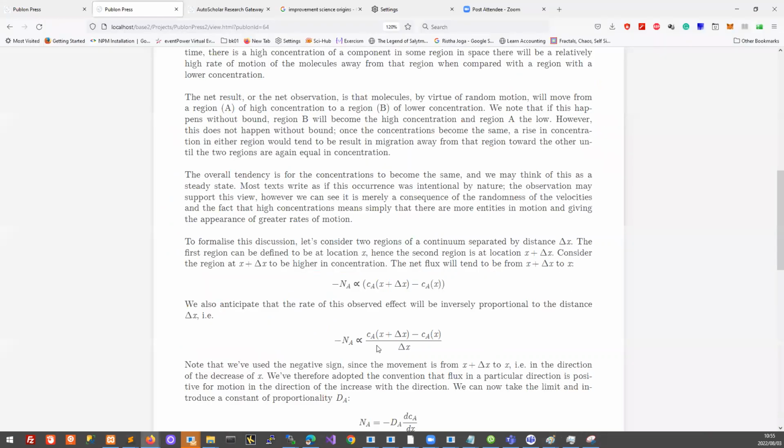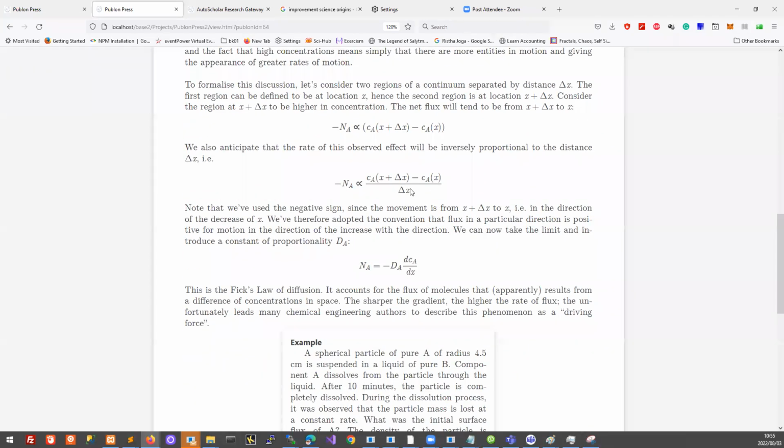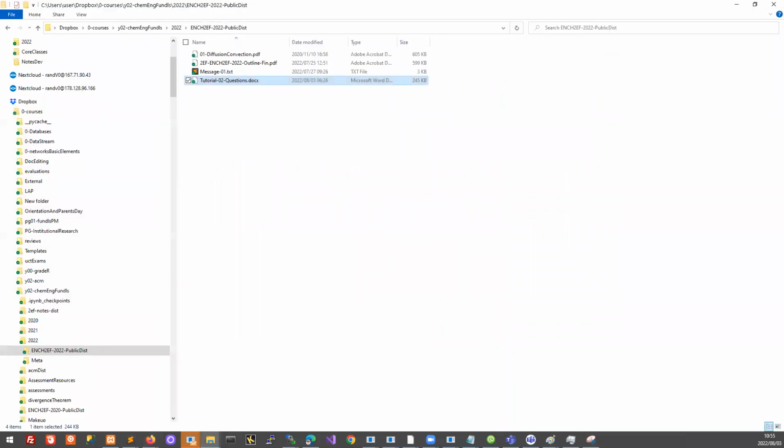So coming back here, we can say that the molar flux is proportional to the concentration gradient, or minus the concentration gradient. And then we can estimate the actual molar flux through the diffusivity. And then let's have a look at the notes on diffusivity.